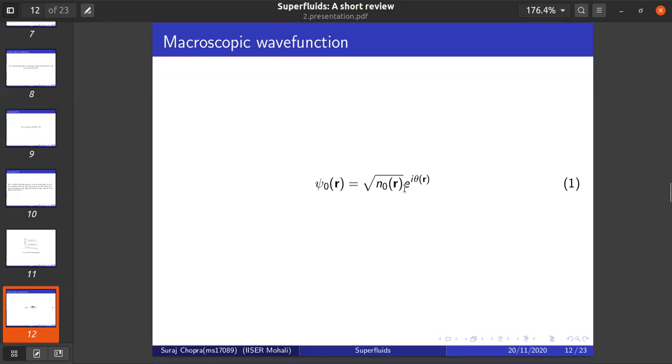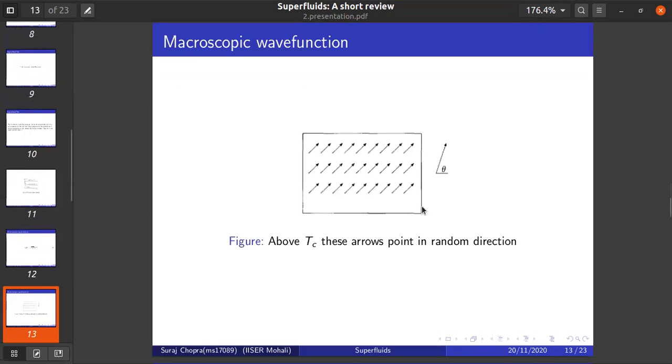The n0 factor is the condensate density of the superfluid, and theta of r is a degree of freedom associated with each point r in space. It can take any value, and this e to the i theta of r factor is a very interesting phenomenon which I'll talk about now.